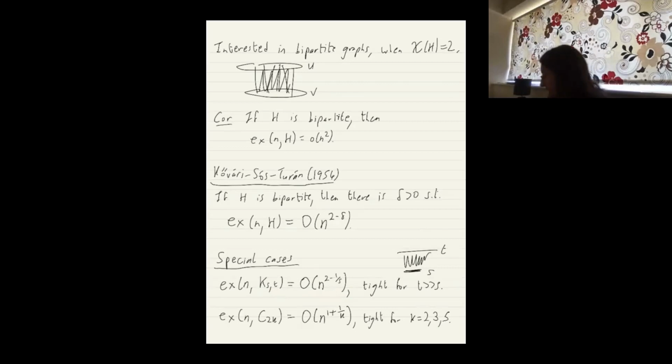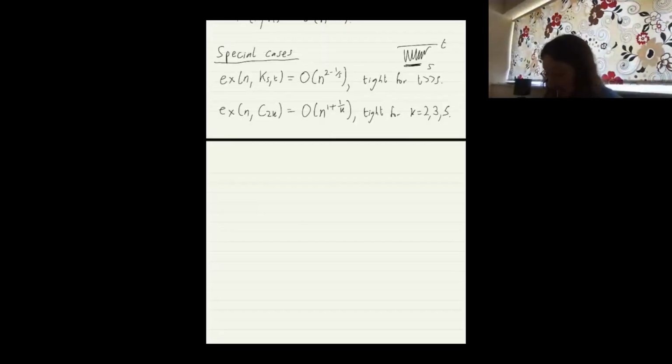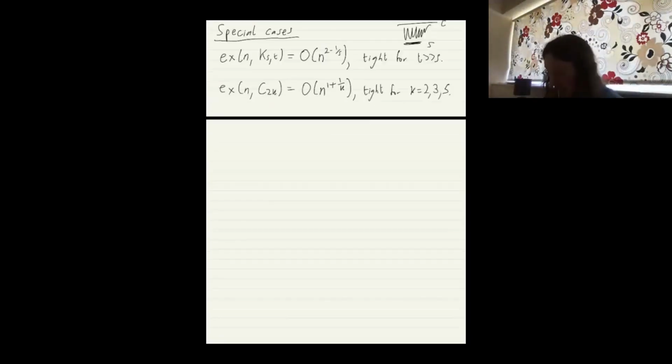Okay, so I'm going to try and say a little bit first about this particular case of K_{s,t}. So what happens in that particular case? Okay, so here's a construction.